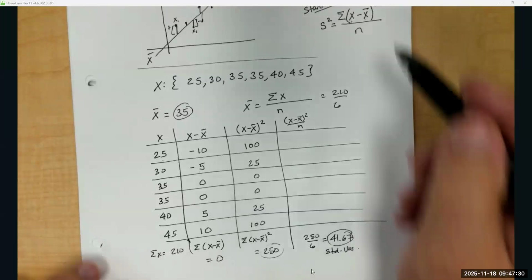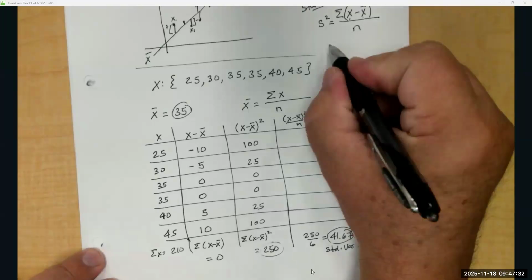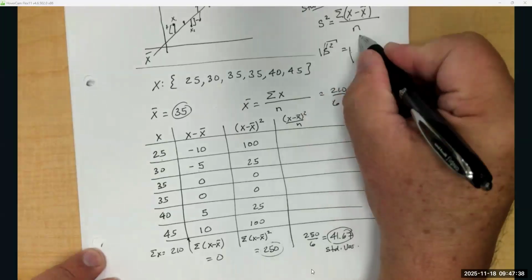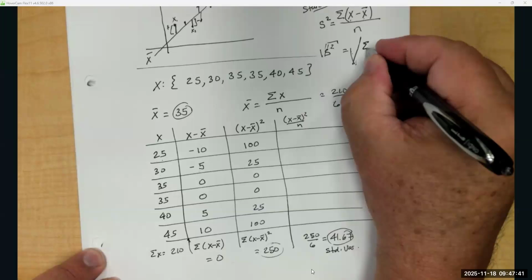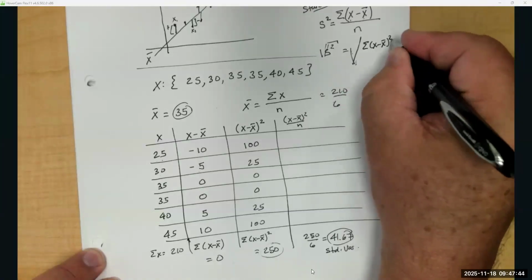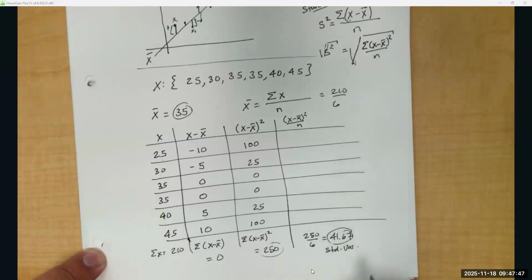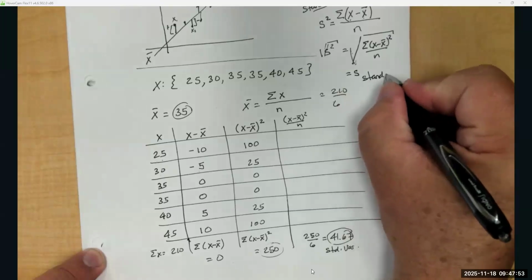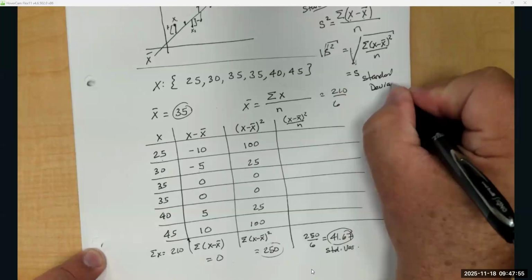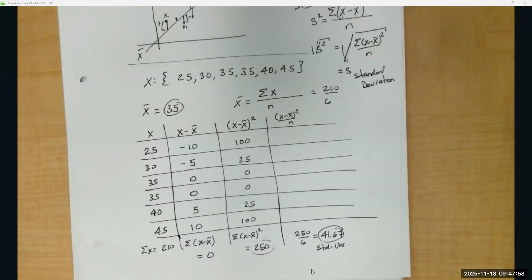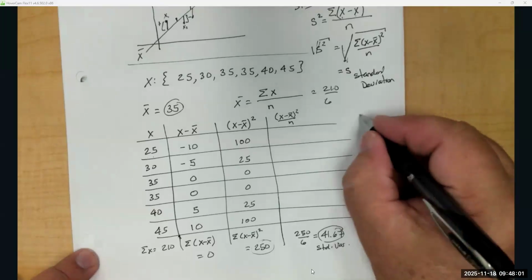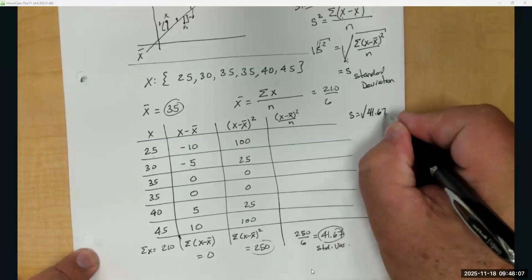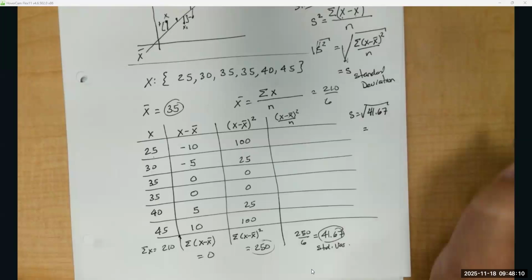So what we have to do now is, what's the antidote to squaring something? Square root it. So we have to get rid of the square by square rooting it. That is what's called the standard deviation. So the square root of 41.67 is what?